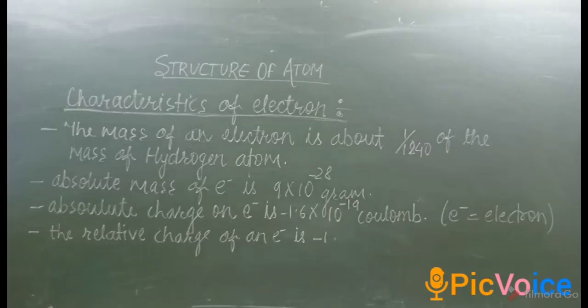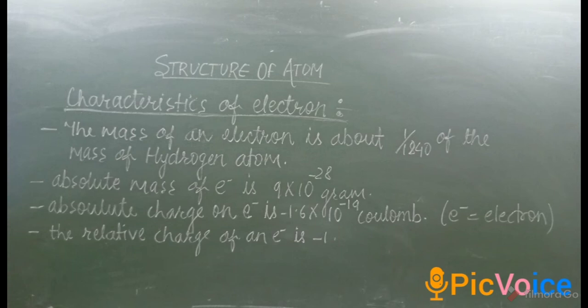Now next is characteristics of an electron. The mass of an electron is about 1 by 1840 of the mass of a hydrogen atom, which is the atom of lowest mass. The absolute mass of an electron is 9 into 10 to the power minus 28 gram. The mass of an electron is so small that it is considered to be negligible.